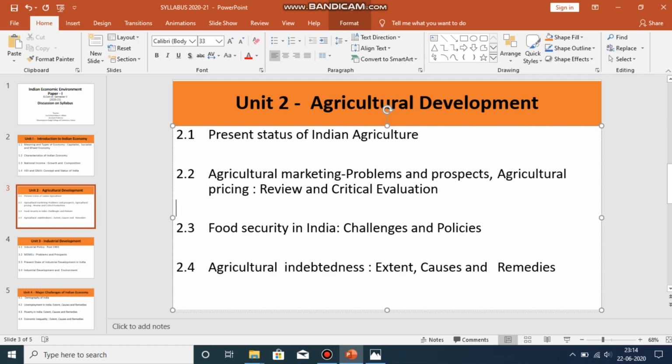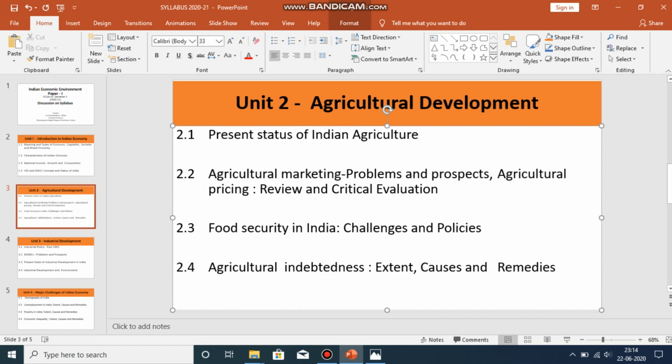We will study food security in India under three points: availability of food grains, affordability of food grains, and accessibility of food grains. Whether our agricultural sector produces enough food grains required for each and every individual of the country is the first point, availability.